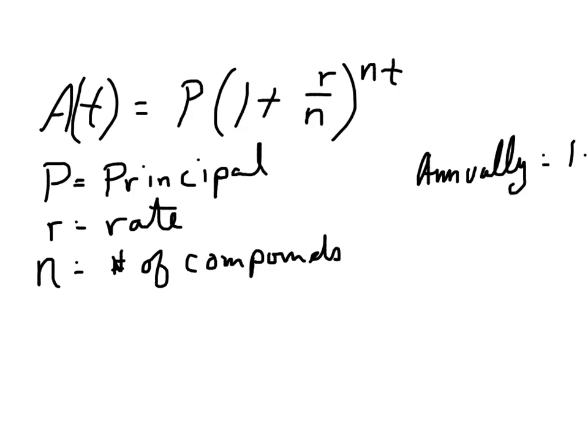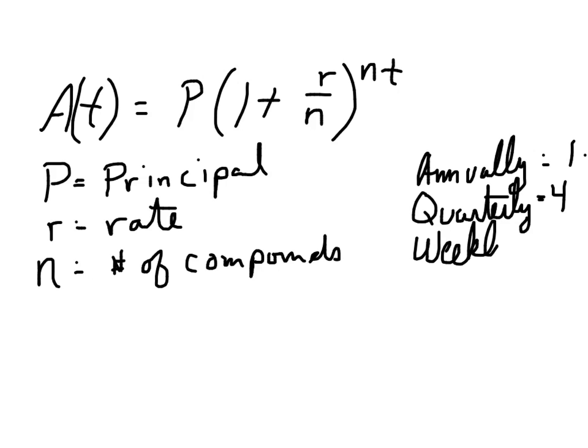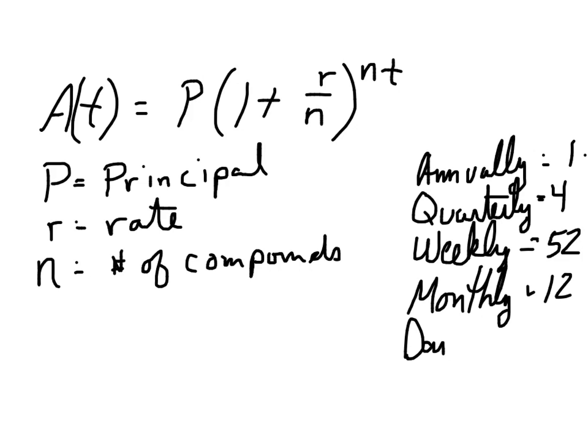If it says quarterly, that's 4 times. Weekly is 52. Monthly is 12, and perhaps just one more, daily, would be 365. Okay, so just so that you know. And then the T is time in years.